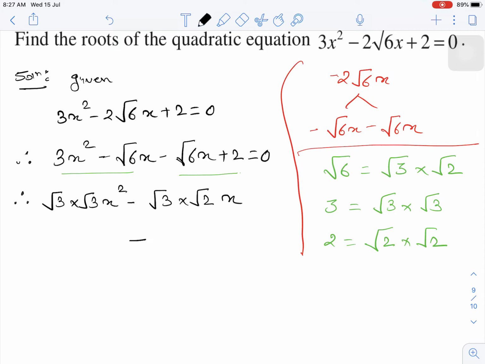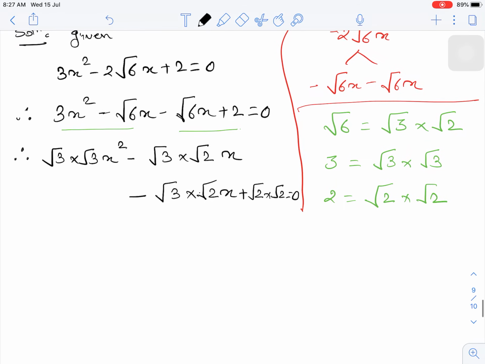Now minus, again instead of this √6 I will write √3 into √2, plus, now instead of this 2 we can write it as √2 into √2, equals to 0.